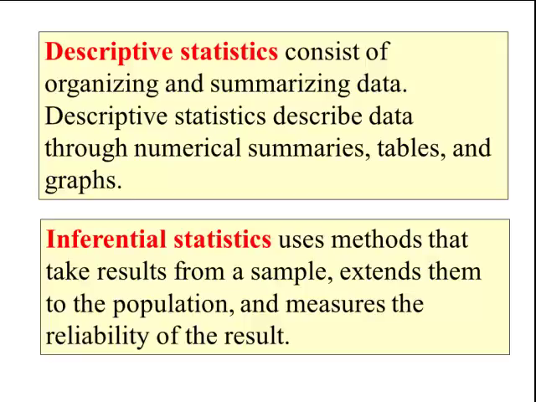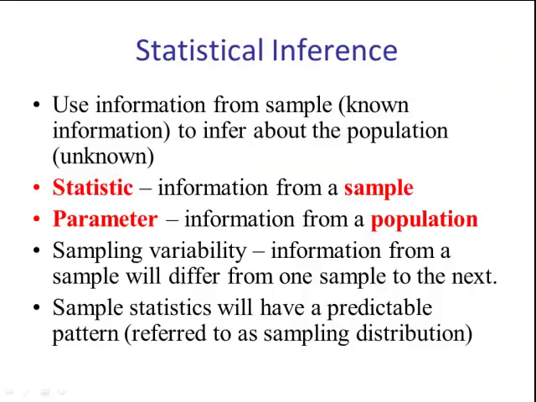And they also provide measures of the reliability of the result. So we take information from a sample, something that we know about, and then we infer about a population, something we don't know about. So statistical inference. This is what we'll be doing in chapters 9, 10, and 11. And this is where we take information from a sample and we infer about a population, something that's unknown.